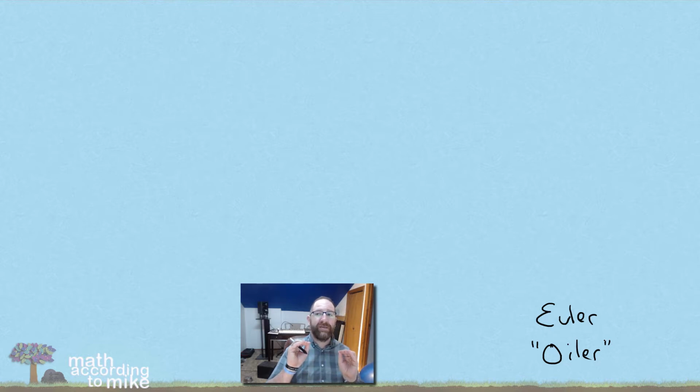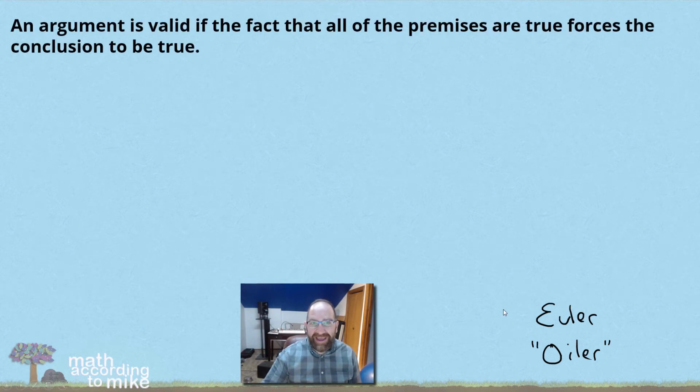However, there is something humongous we have to discuss, and if I did it correctly, it's going to fade in. Yay! An argument is valid if the fact that all of the premises are true forces the conclusion to be true. Pause the video if you need to and read that a couple times. That's pretty heavy.